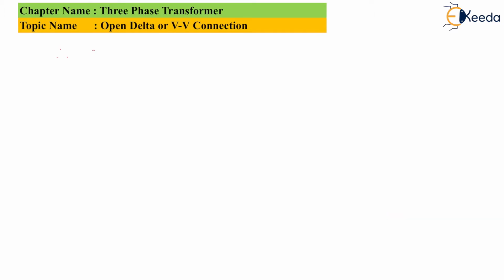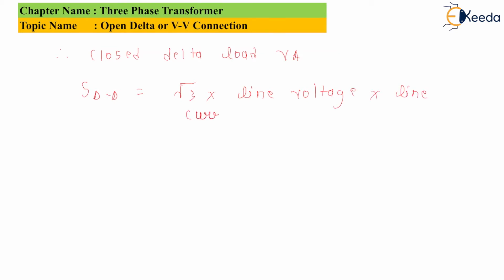So in this case, we can calculate the closed delta load as S delta delta is equal to root 3 multiplied by line voltage multiplied by line current. So if we substitute the value, we get S delta delta is equal to root 3 V2B multiplied by root 3 I2B.